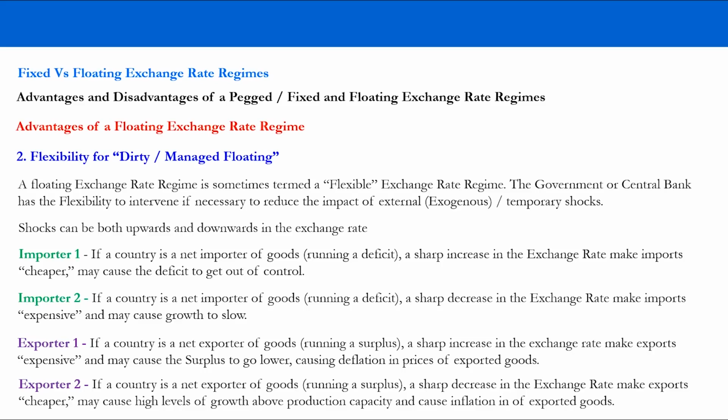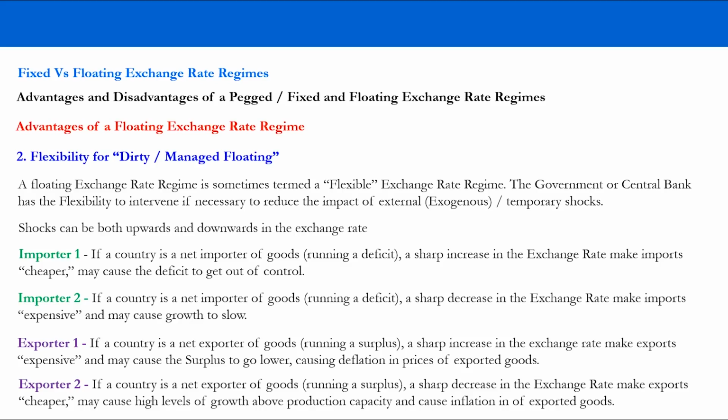Well, this makes imports expensive and can cause growth to slow, because you can end up in a situation where the structure of your industry in your country imports the goods necessary as inputs to your manufacturing process.